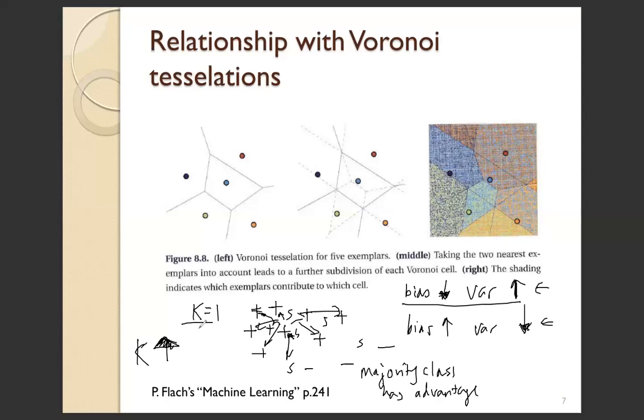So that's why you have to find some compromise, where your bias is not too high and your variance is also not too high. This is something called the bias-variance trade-off.